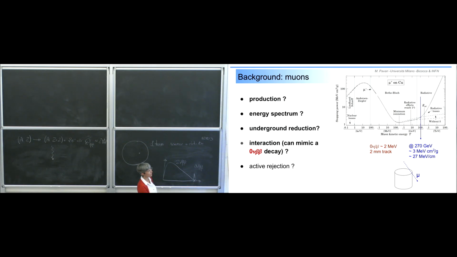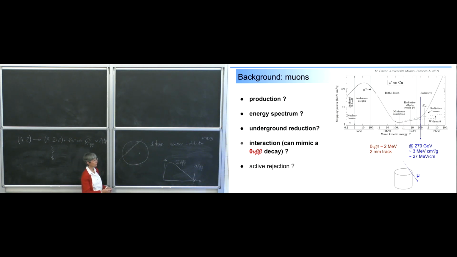So the muons mainly cross my source, and then they ionize the source in the path. They can also interact in a number of different ways, but for sure they ionize here.